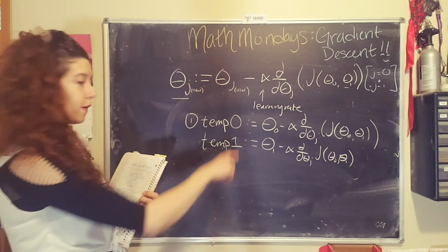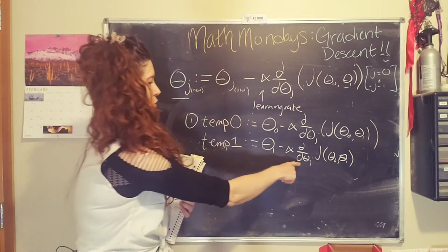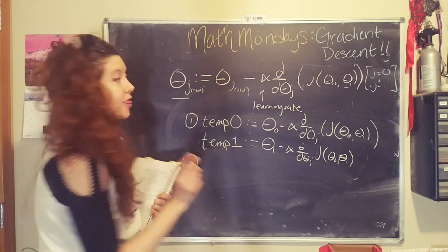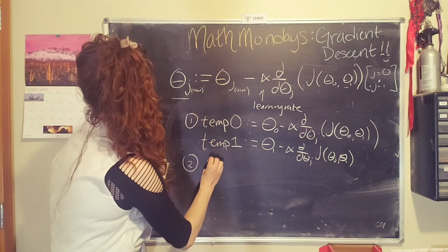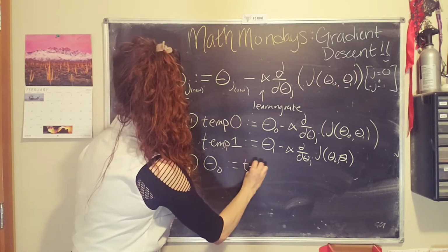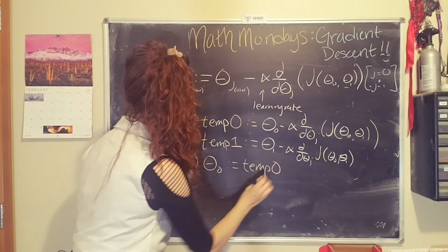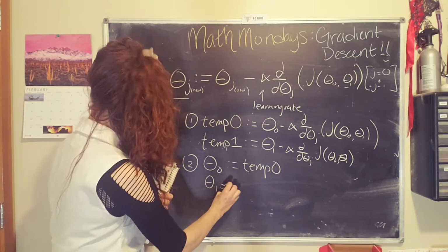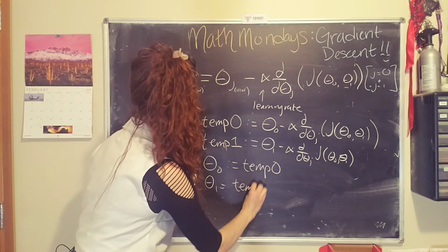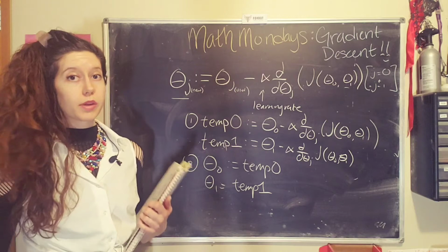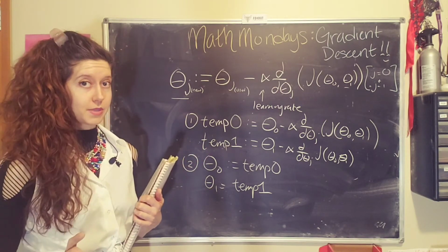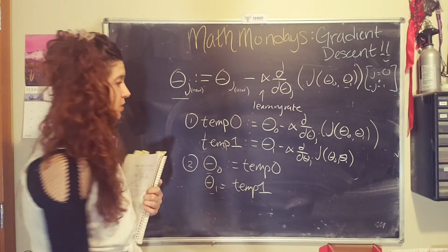So you would find the partial derivatives, subtract it from the previous value, and then you update your parameters. So then you would say theta 0 is equal to temp 0, and theta 1 is equal to temp 1.